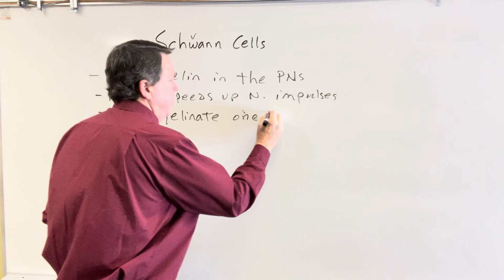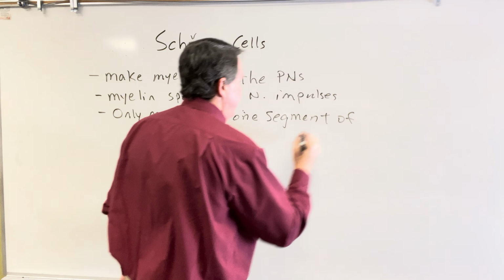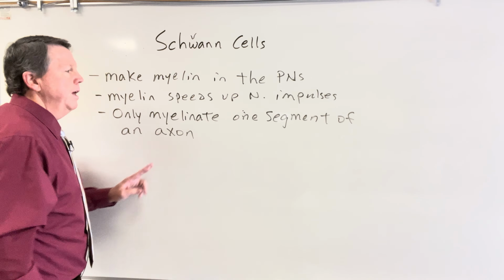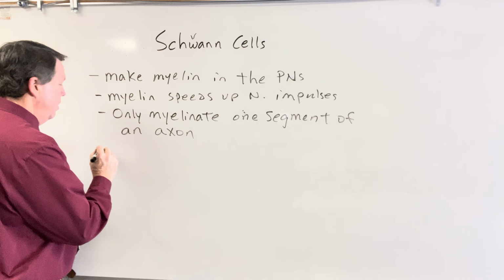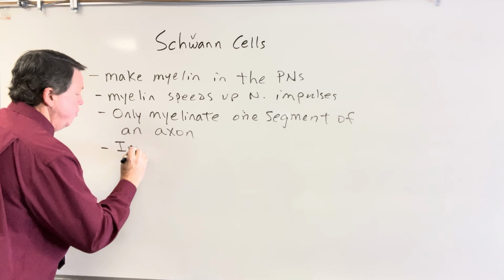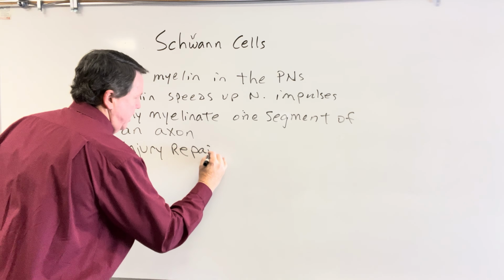They're also going to play a role in unmyelinated axons, and I'll talk more about that later. But Schwann cells are also responsible for injury repair. And we're going to talk more about that in just a minute also.